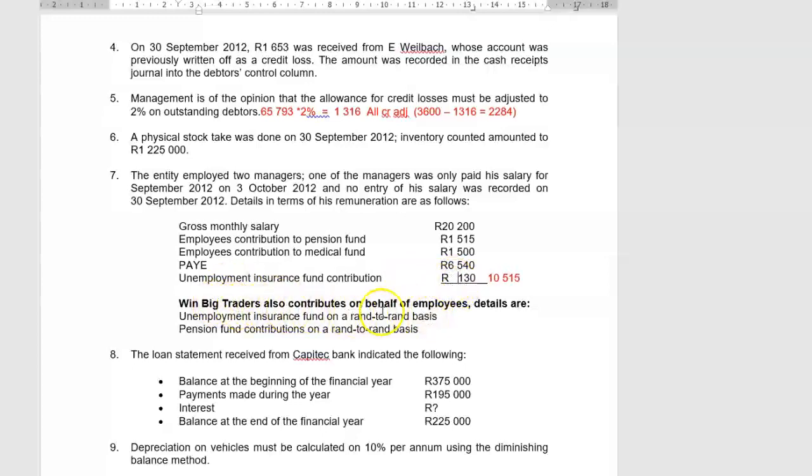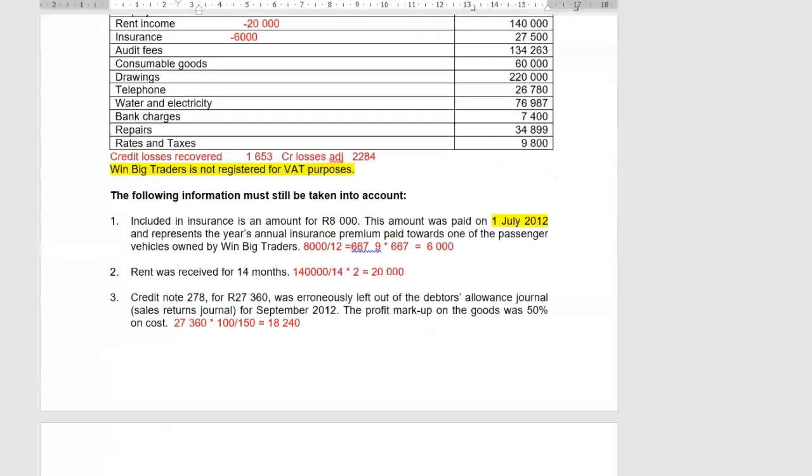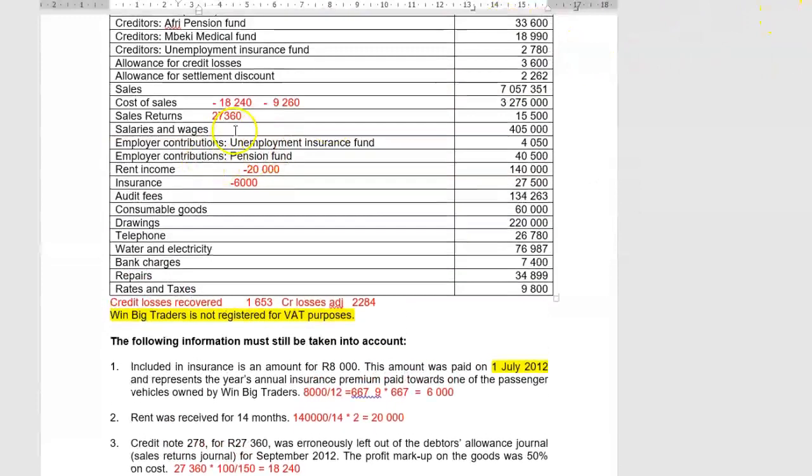Big Traders also contributes on behalf of employees. Details are unemployment insurance fund on a rand by rand basis and pension fund contributions on a rand by rand basis. Now remember, the second part is trade and other payables, and there we're going to show a number of items. But we have to complete our income statement first. Gross salary, that is the amount that we have to add to salaries and wages. Gross salaries, 20,200 plus 20,200.